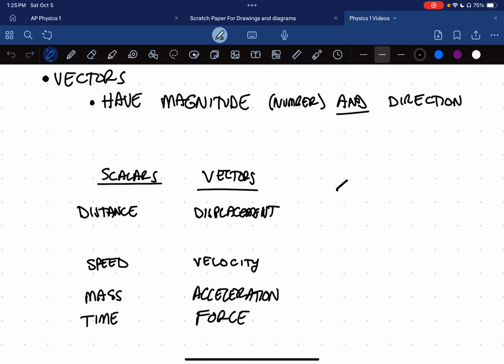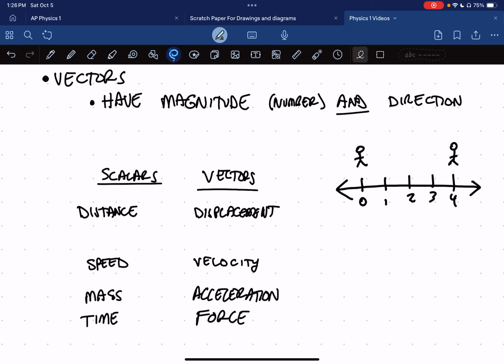Displacement, on the other hand, let me draw a little number line here. 1, 2, 3, 4. You start at position 0 and you walk over to 4, and then you walk back to 2.